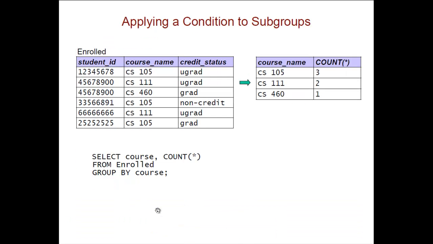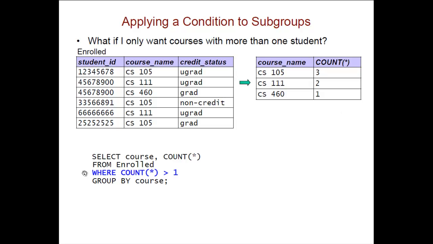Sometimes we want to apply a condition so that we only get some of the subgroups. So if we go back to our earlier query where we didn't have a where clause and we were getting the number of students enrolled in each course, let's assume that we don't want to worry about courses where the enrollment is 1. Maybe those are independent studies and we just want courses where the enrollment is more than 1.